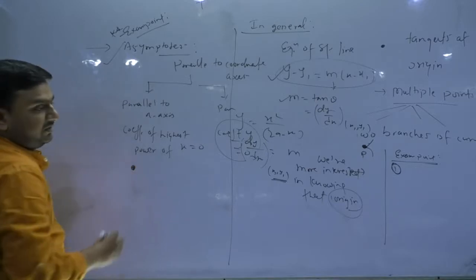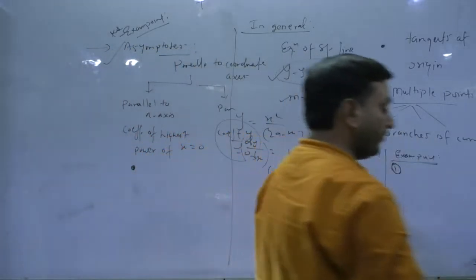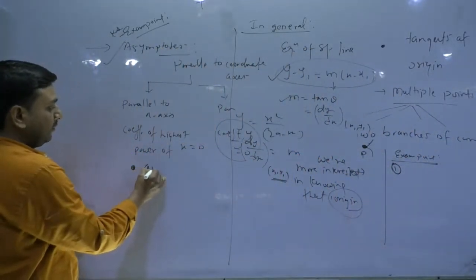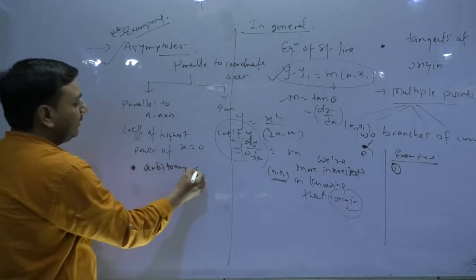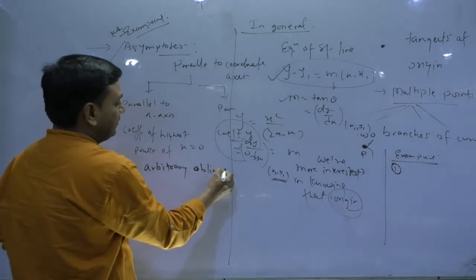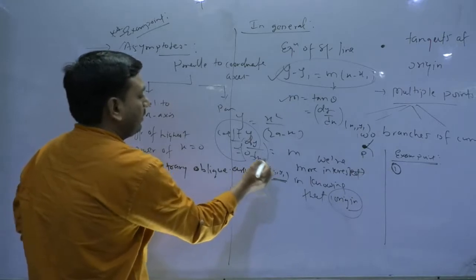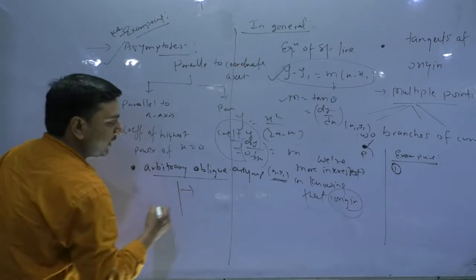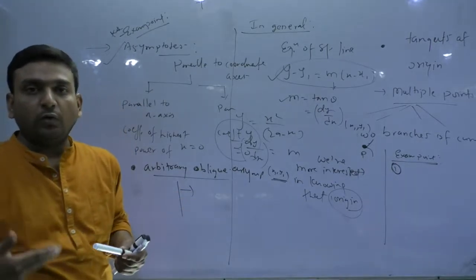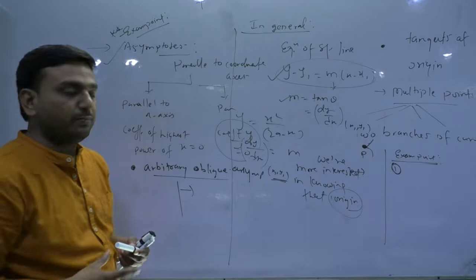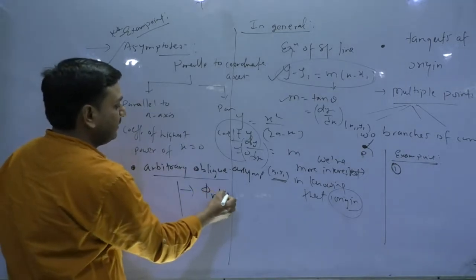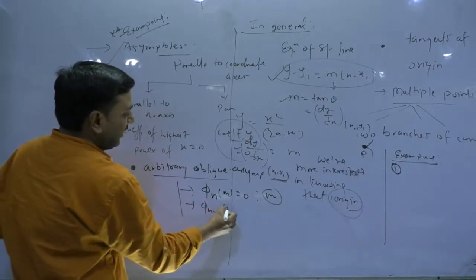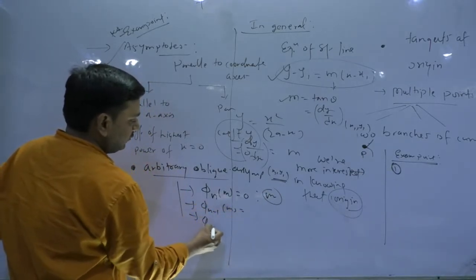In some cases, please remember, we may need to find arbitrary or oblique asymptotes. I have already taught you in the previous class how to find them: write phi n and m, put it equal to 0, get the values of m, then use phi n minus 1, phi n minus 2 and so on.